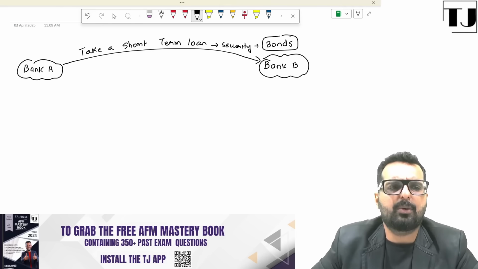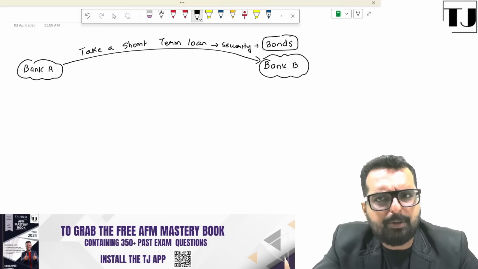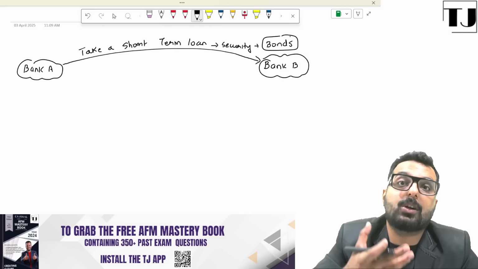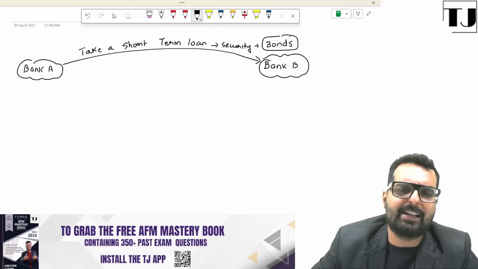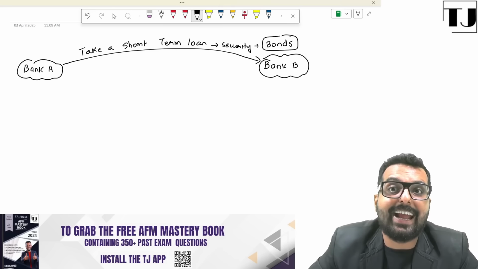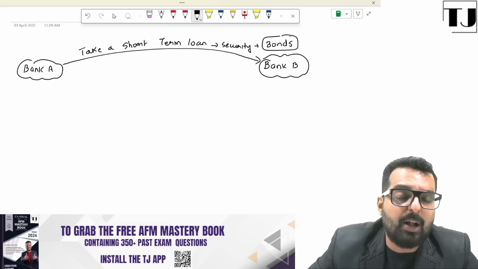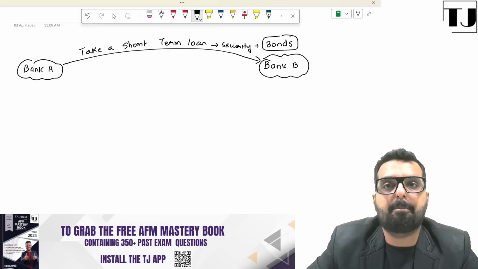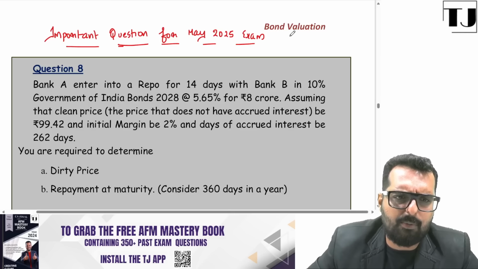So ideally what they do is bank A will give the bonds to bank B first, and then when the loan is repaid, bank B will give the bonds back to whom? Will give the bonds back to bank A. So the security or the underlying asset based on which they are doing this entire transaction is nothing but a bond. Everybody clear with this part now, right?